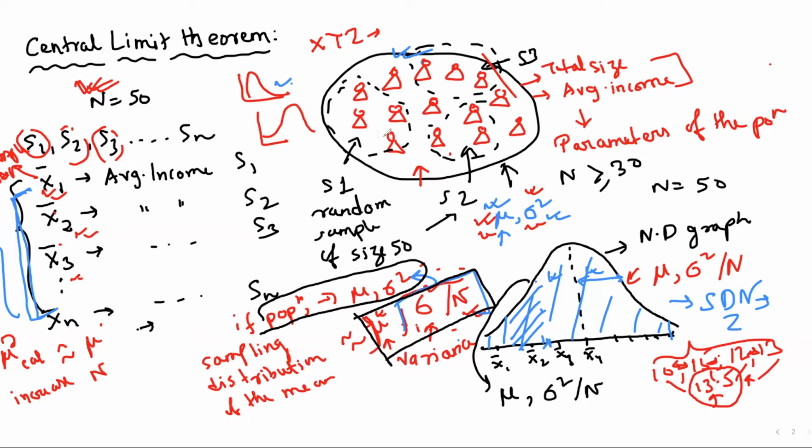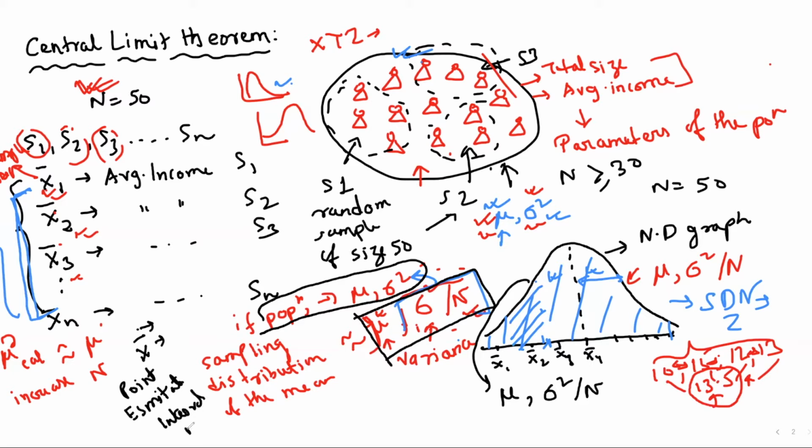This I have been repeatedly saying for the last three discussions. So this X bar of this particular sample is also known as the point estimate of this population. There are two terms, point estimate and interval estimate.